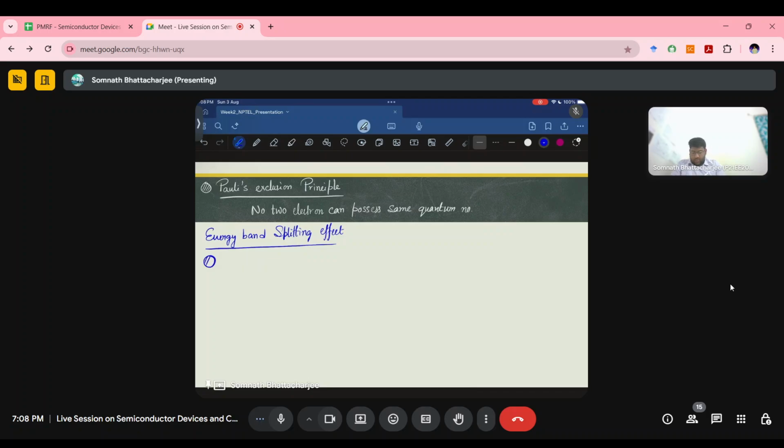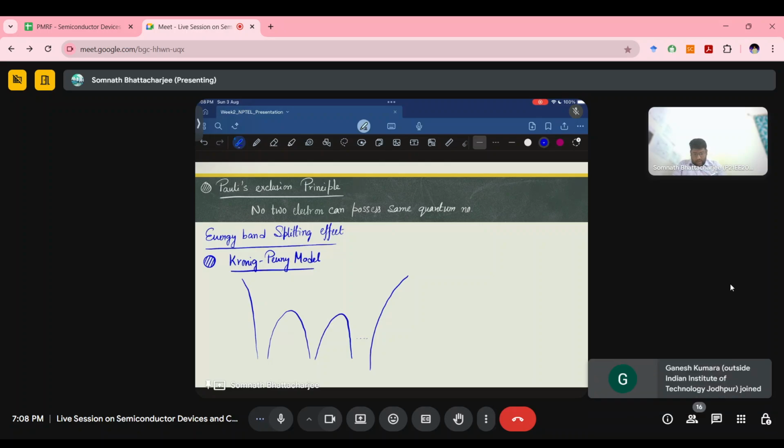Then we have learned the Kronig-Penney model. So I'll go through this a bit. In this Kronig-Penney model, what was the main concept? It was like this. I'm only drawing two of these, but there are multiples of these. And here is the Fermi level.